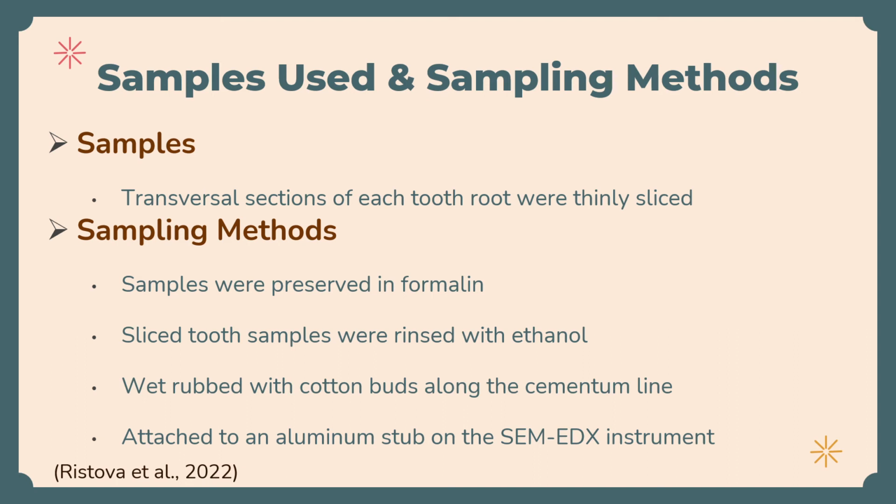The sliced tooth samples were then rinsed with ethanol and wet rubbed with cotton buds. After that preparation, each sample was attached to an aluminum stub on the SEM EDX instrument to create the conductive property needed for analysis.